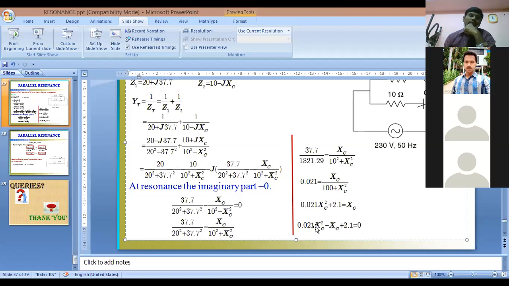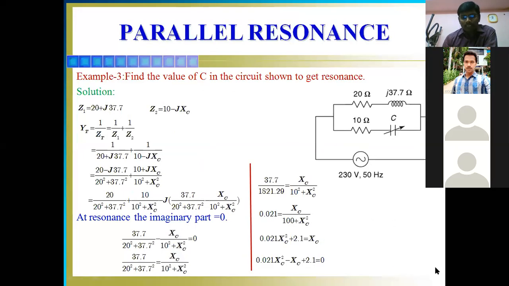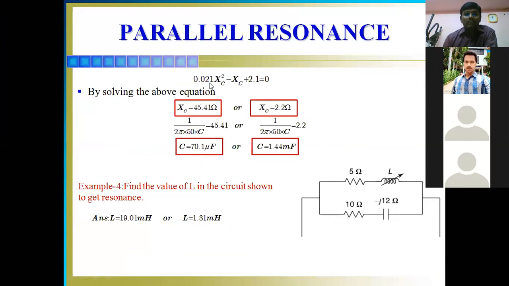So this is again a second order quadratic equation. You just find the roots of it simply by calculator. If you calculate the roots of this equation, you may get XC is equal to 45.41 or XC is equal to 2.22 ohm.